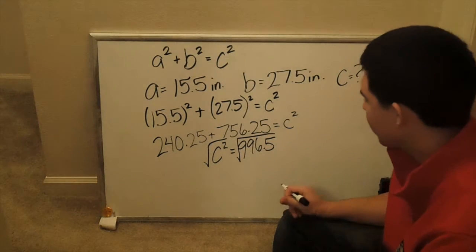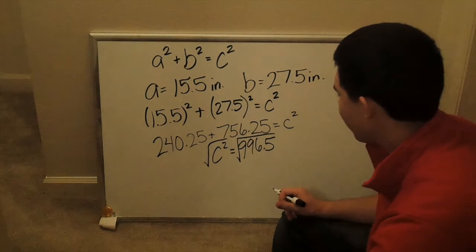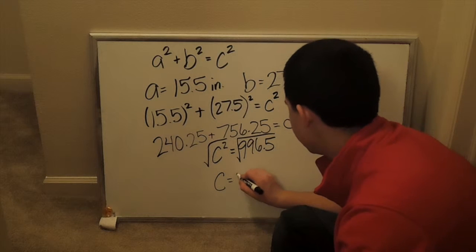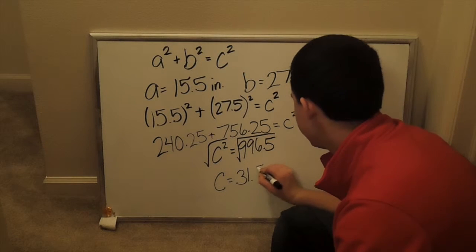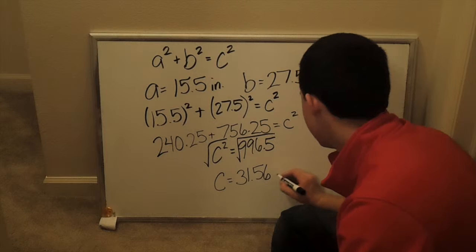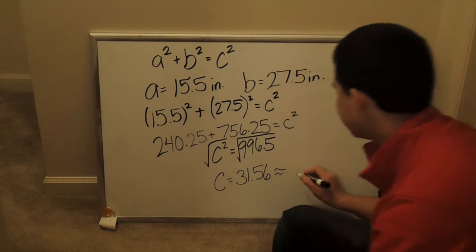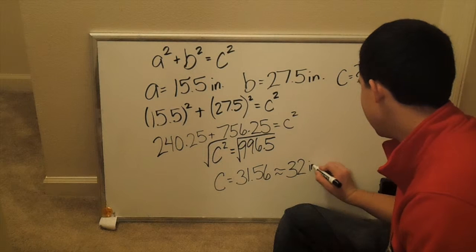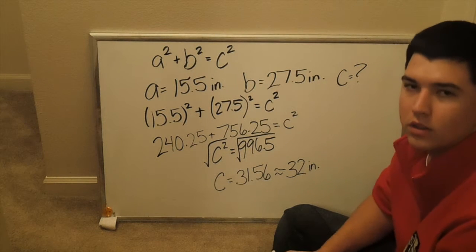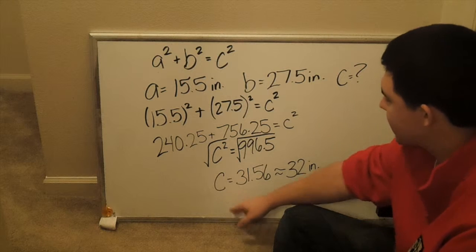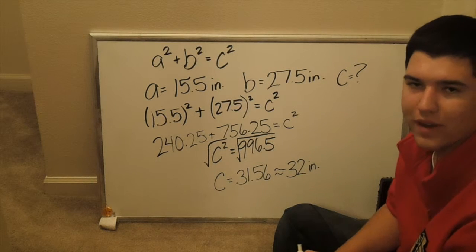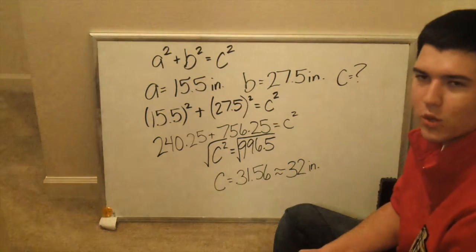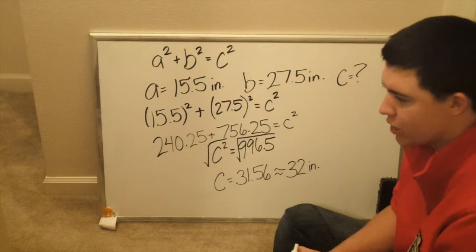And when we take the square root of 996.5, we'll get c is equal to 31.56, or we can say that's just about 32 inches. So by knowing what our c value is, that's what we were looking for, we found the diagonal. And so we know that the diagonal of our TV is 32 inches, so I have a 32-inch TV.